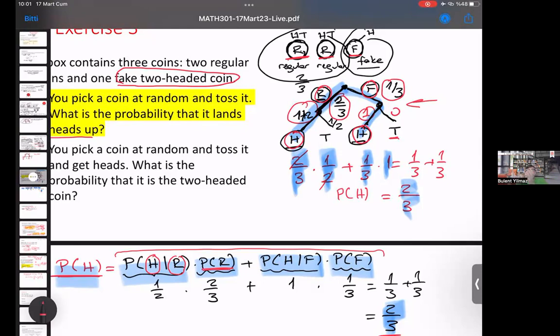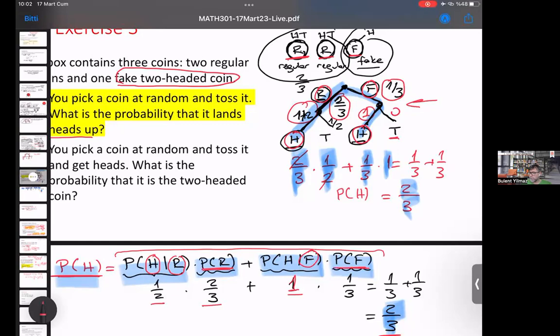It's not only one probability coming from the regular coin, but there is also another probability coming from the fake coin. So 1/2 times 2/3 plus the probability of obtaining heads from a fake coin, which is 1, right? There is no other option. They are 2-headed coins, so all of the time it's 1.